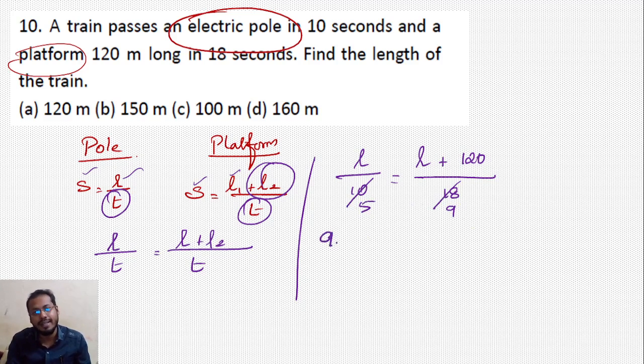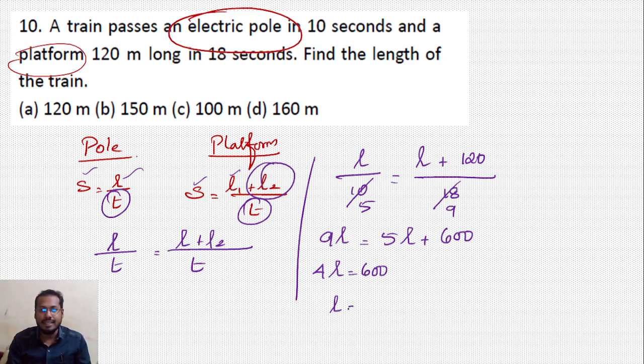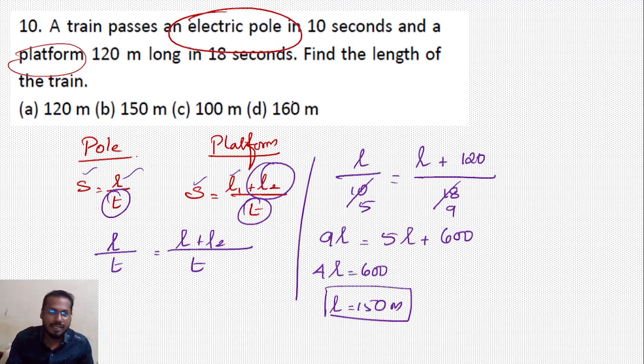Just cross multiply: 9L is equal to 5L plus 5 into 120. 5 times 120 is 600. Right? So 4L is equal to 600. Then L is equal to 150 meters. Actual question was only finding the length of the train. We got it. If they want the speed of the train, this 120 I need to substitute here and find out the speed. I hope you guys are clear in this concept.